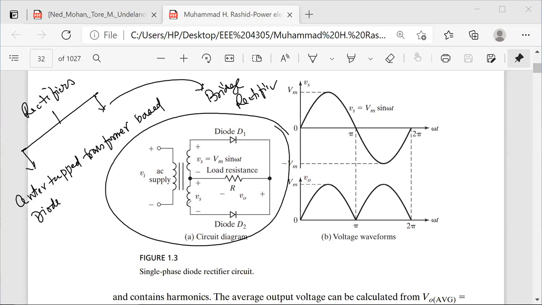So I believe that you are familiar with the term transformer here. The transformer is an electrical device that transfers the energy from the primary side to the secondary side. This is the primary side, and this is known as the secondary side, right?